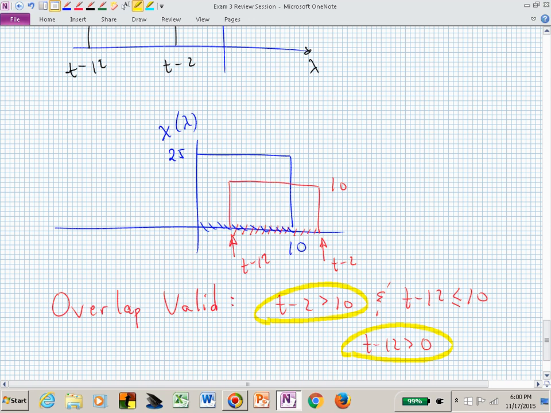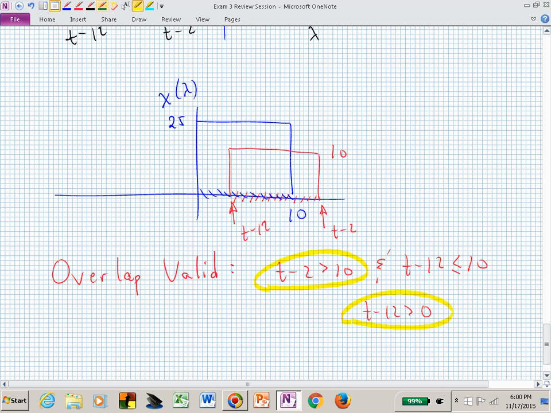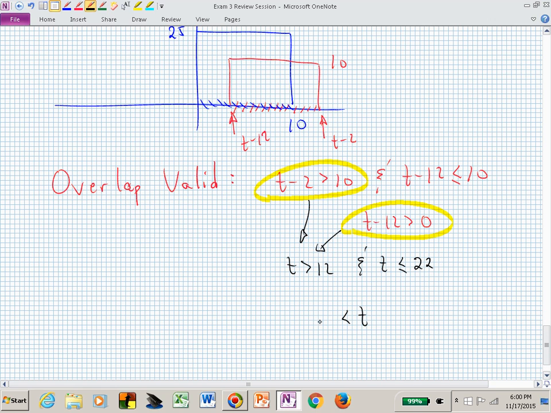But that's okay. You didn't know that going in. Meaning, now I have this overlap picture is valid when solving for this or that. I get t is greater than 12, and solving this one, it's t is less than or equal to 22. So now I have t bigger than 12 and less than or equal to 22.